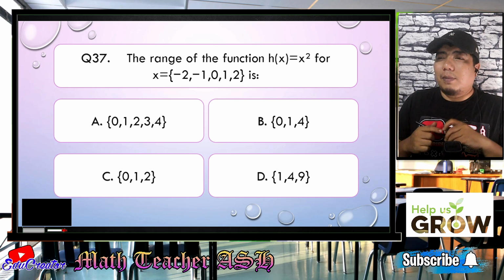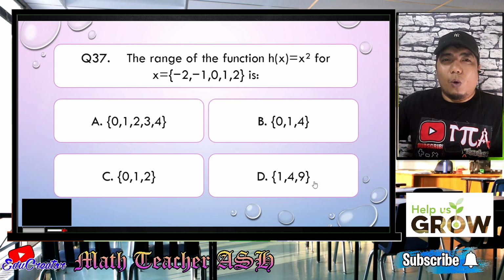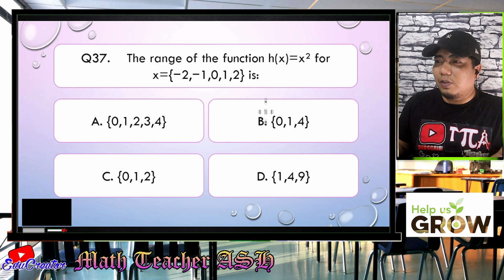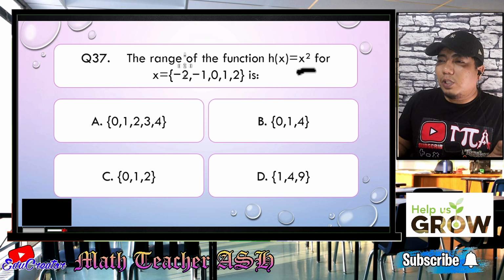Alright, my dear math learners, in order for us to get the value of this question, what we need to do is consider the function. So the function here is x squared, right? So the values of x here are negative 2, negative 1, 0, 1, and 2. So what we need to do is get the squared value of these given numbers. So negative 2 squared will become positive 4.